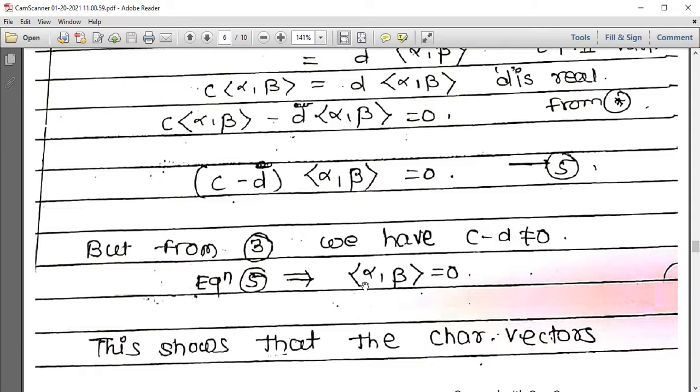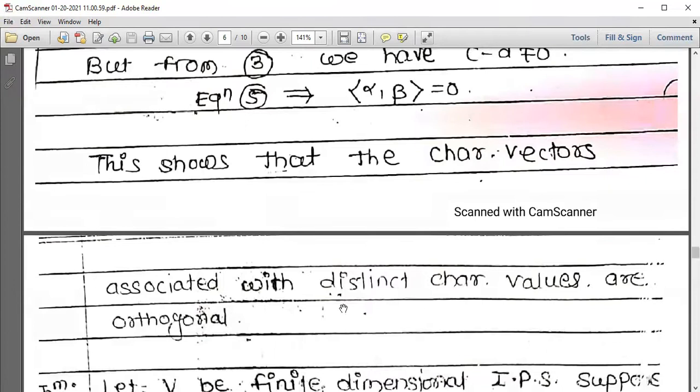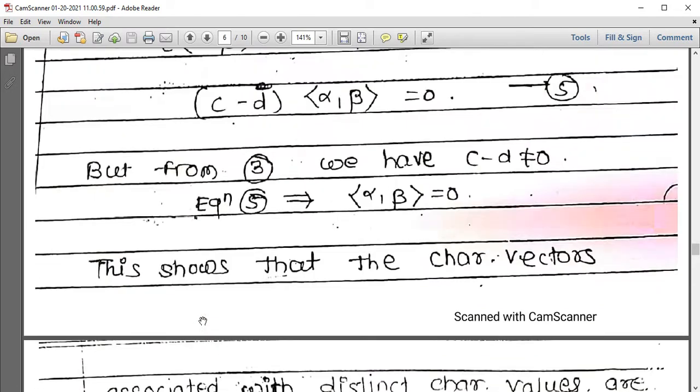This shows that alpha is the characteristic vector associated with characteristic value C, and beta is the characteristic vector associated with characteristic value D. Then the inner product of these two vectors must be 0. It shows that characteristic vectors associated with distinct characteristic values are orthogonal. This is the proof of the theorem.